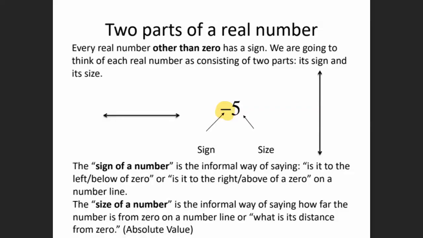It's understood that they're positive, but in some cases, because we may ask you for a signed number, you are going to need to provide the positive or the negative sign. And in my example, -5, the sign is negative, the size is 5.